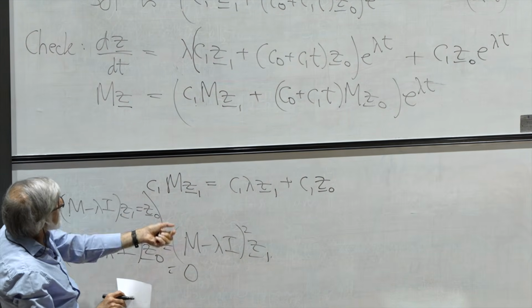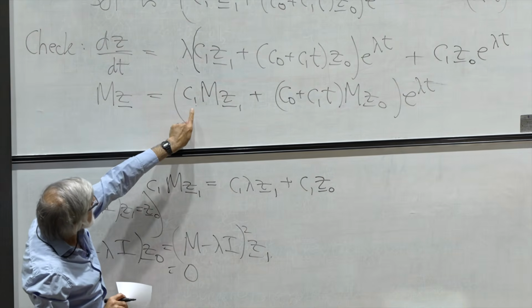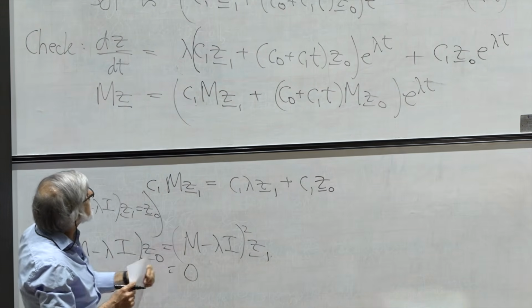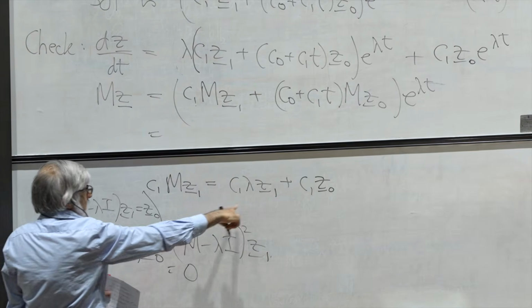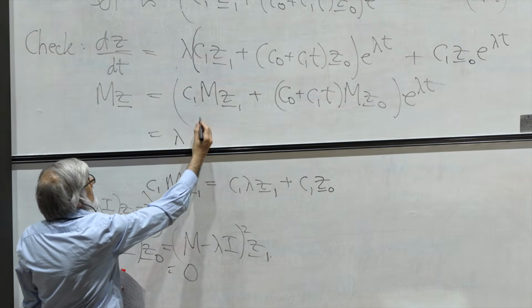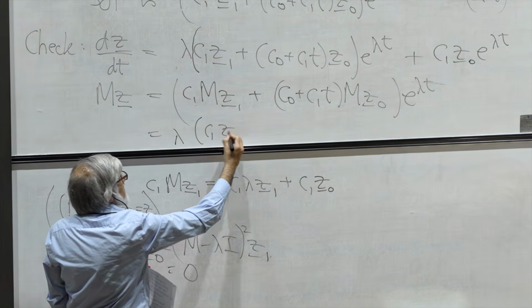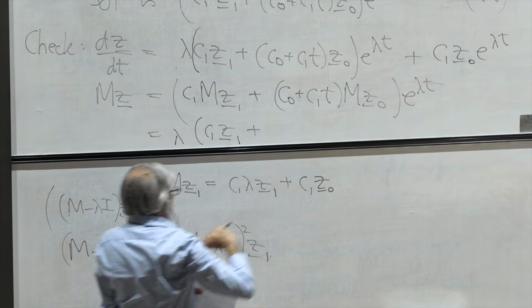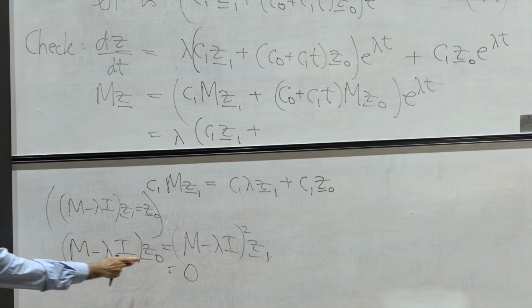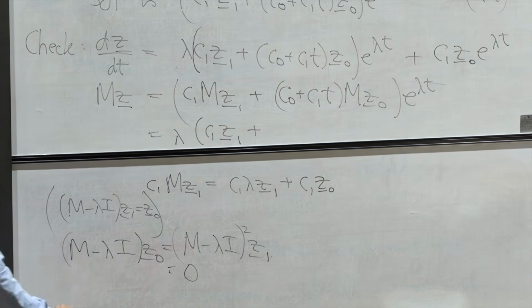Or put it another way, what you could do is say C1 mz1 is lambda C1 z1 plus m z0. m z0 is lambda z0.